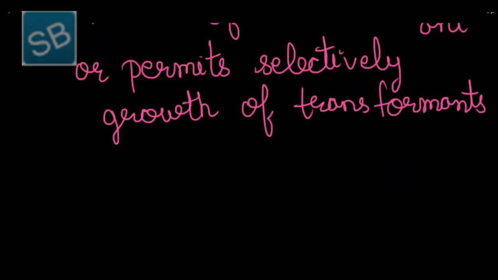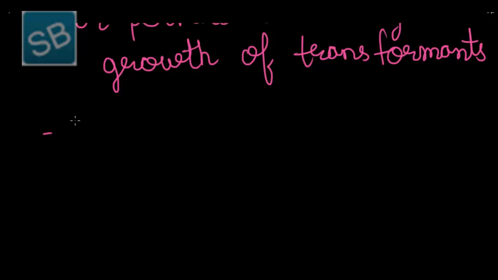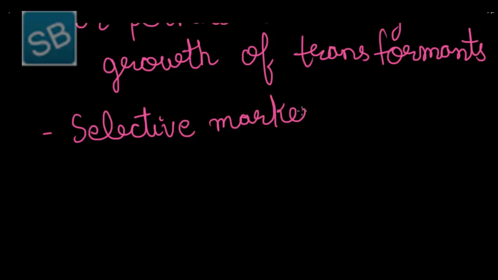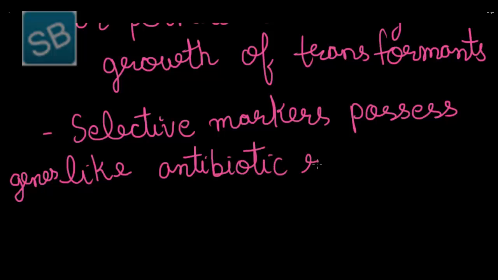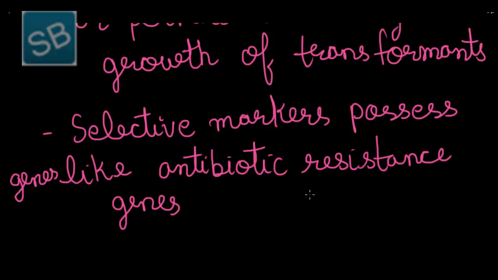Normally in this process, the selectable markers possess specialized genes like antibiotic resistance genes. As the name suggests, these are genes that confer resistance against antibiotics that would normally kill the cell or prevent its growth.